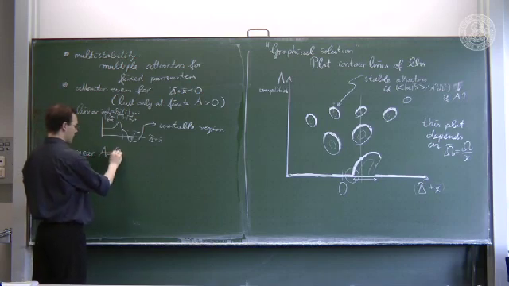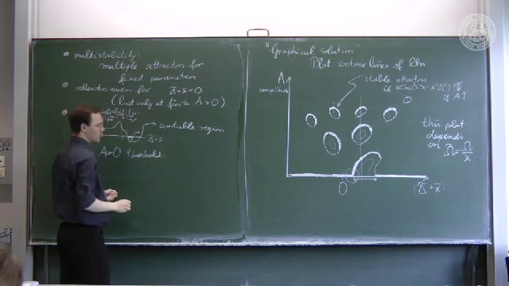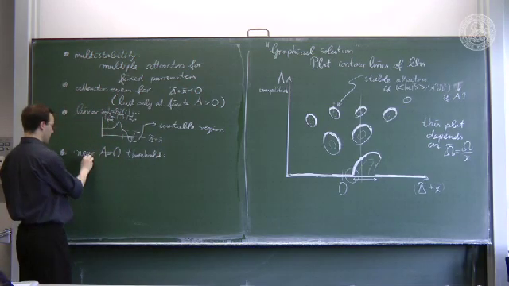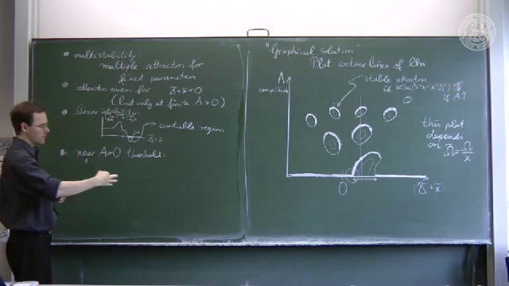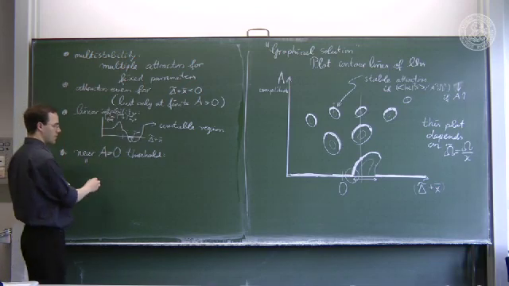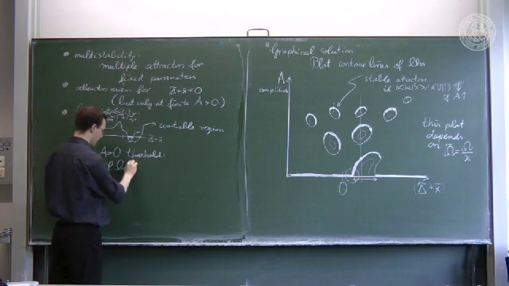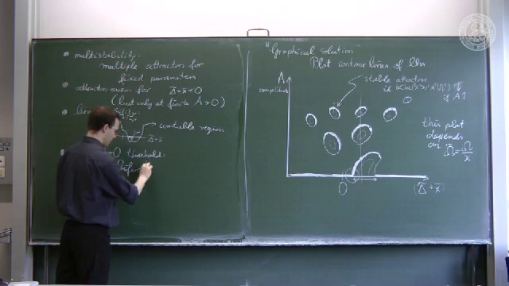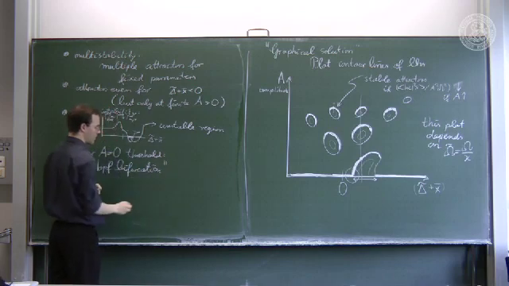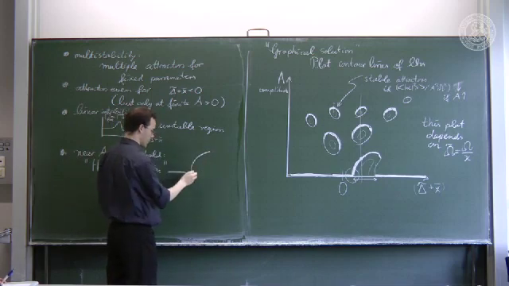So near this threshold, what we have is universal behavior, and this going from A equals 0 to a finite amplitude is called a Hopf bifurcation. So it is this behavior.